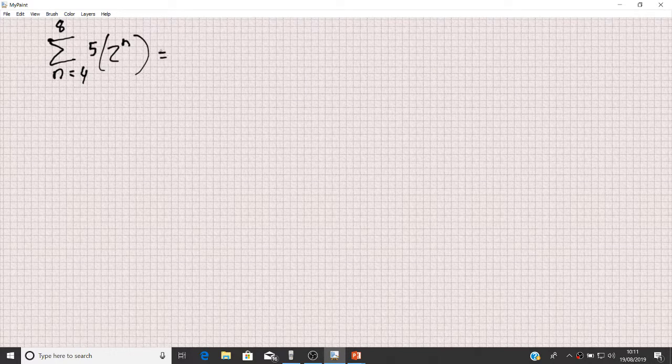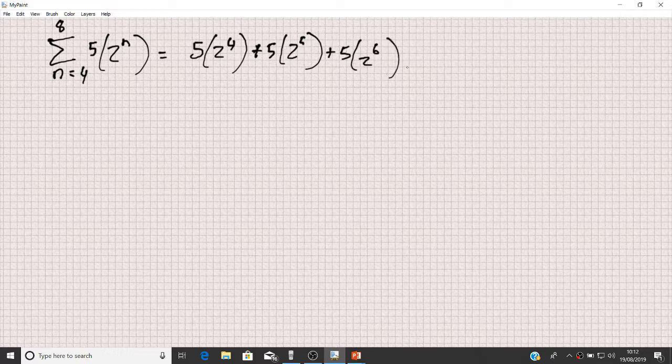So the first term in our sequence is 5 times 2 to the power of 4, plus 5 times 2 to the power of 5, plus 5 times 2 to the power of 6, plus 5 times 2 to the power of 7. And the last term is 5 times 2 to the power of 8.